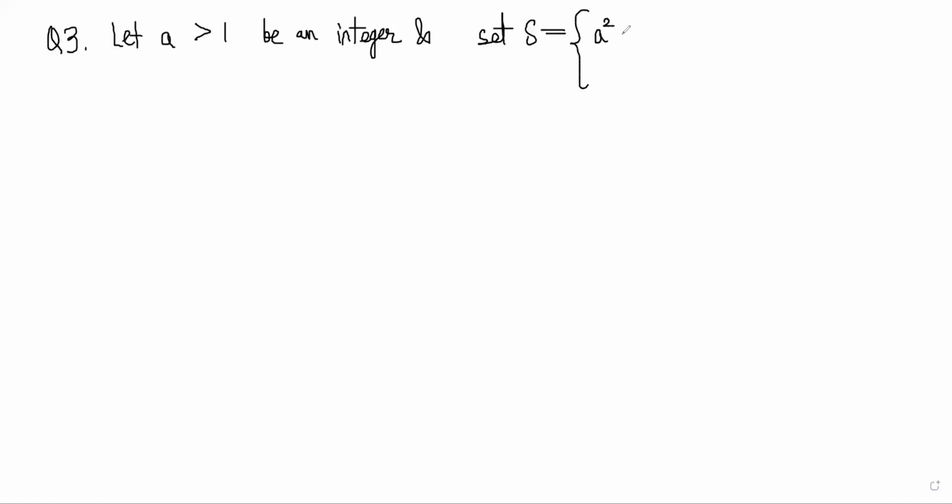This question says that let a greater than 1 be an integer and set S be this set: a^2 + a - 1, a^3 + a^2 - 1, a^4 + a^3 - 1, and so on. You are constructing the set of integers like this.